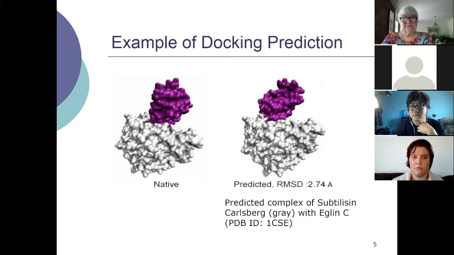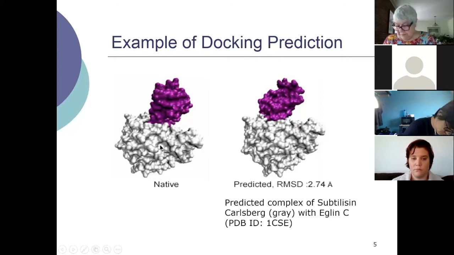It's straightforward: a docking program takes two protein structures as input and outputs a bunch of assembly poses of the two structures. So the input is two structures, and the output is a list of complex models, usually sorted by some scores.